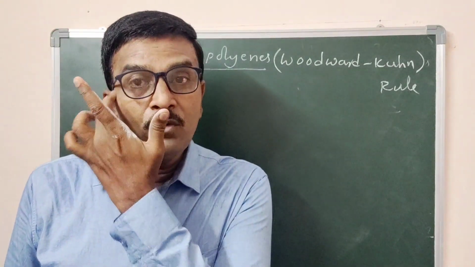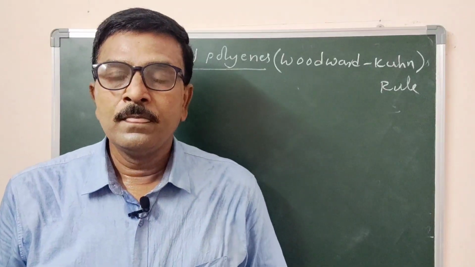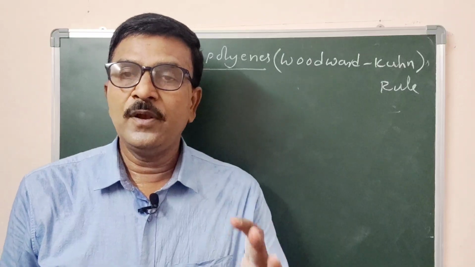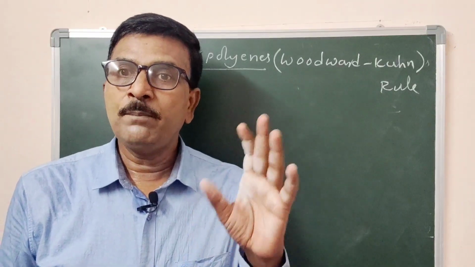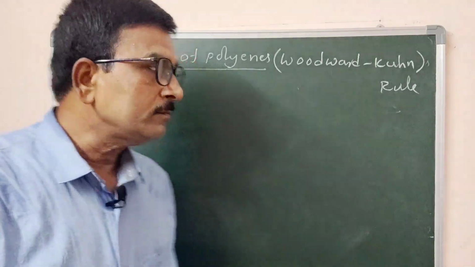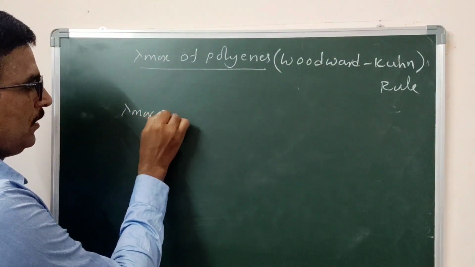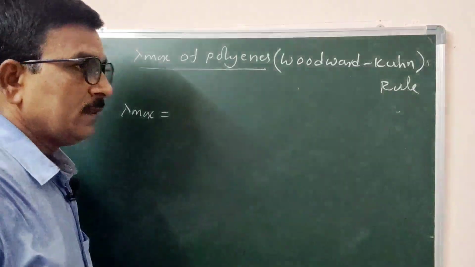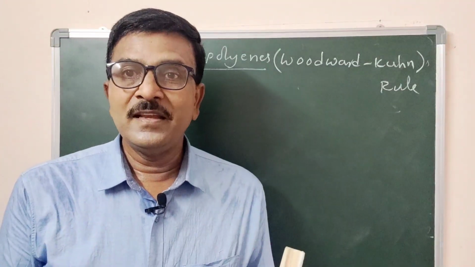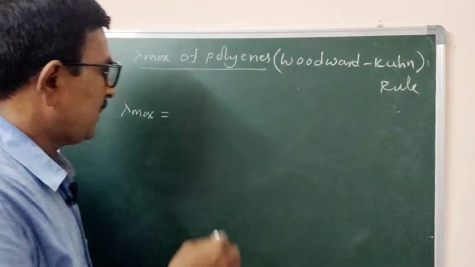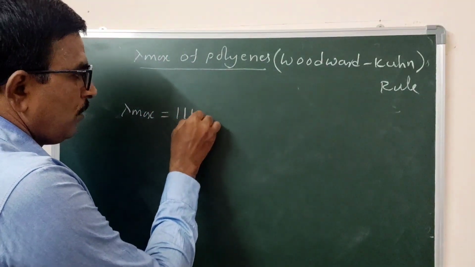According to Woodward and Kuhn rule, the absorption maxima of polyenes are calculated using a basic value. Lambda max is equal to the basic value for polyenes, which is 114 nanometer.